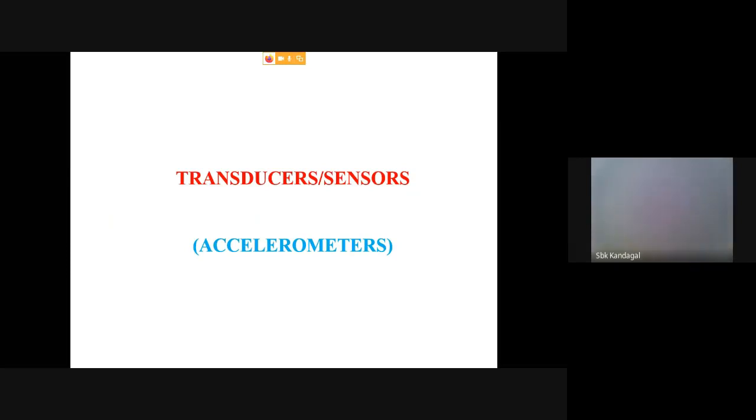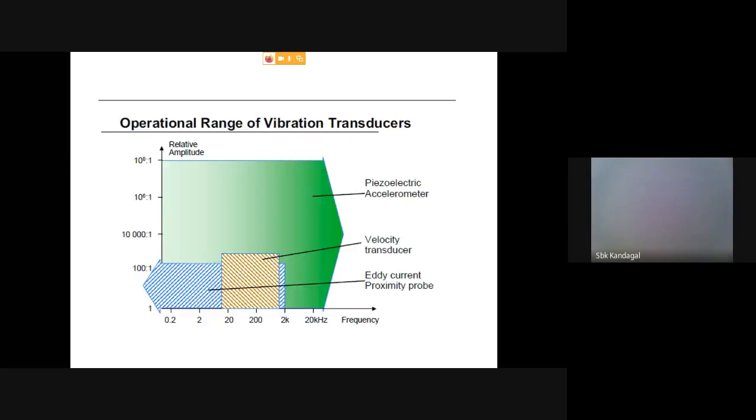Now coming to the transducers, sensors and accelerometers, we will go into detail about the way in which we have used these sensors in various industrial situations, in terms of force transducers, accelerometers, and piezo patches. We'll look at their characterization. Transducers are typically in the form of accelerometers.